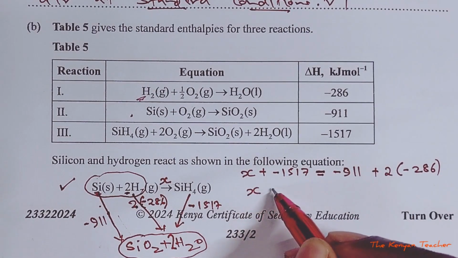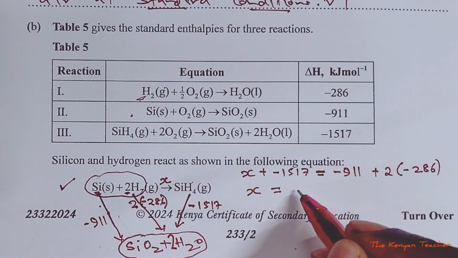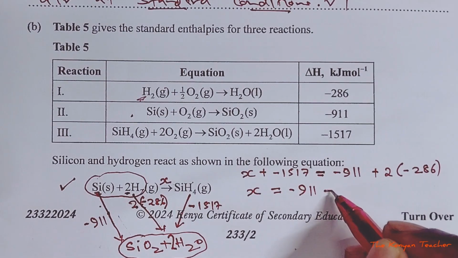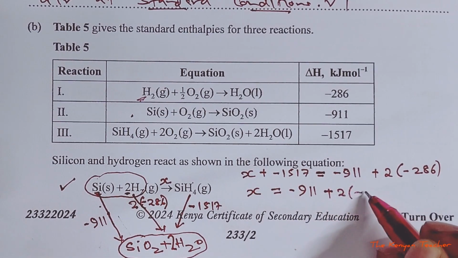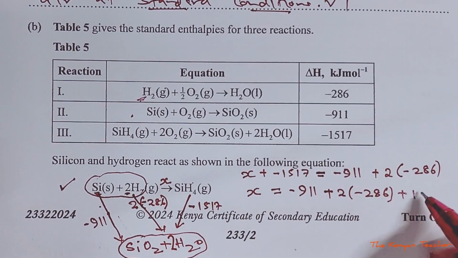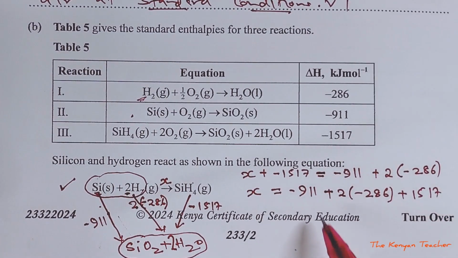And X is given by negative 911 here plus 2 into negative 286, and then we shall add 1517 on both sides so as to eliminate it from the X side.